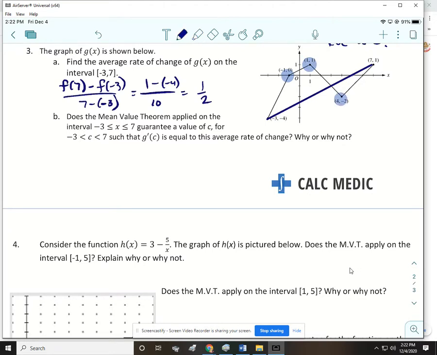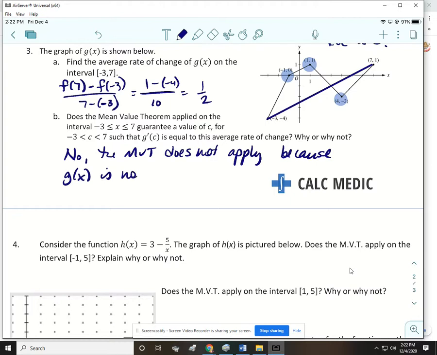So I would say no. The mean value theorem does not apply, because g of x is not differentiable for all of that open interval from -3 to 7. There's 3 points where the function is not differentiable.